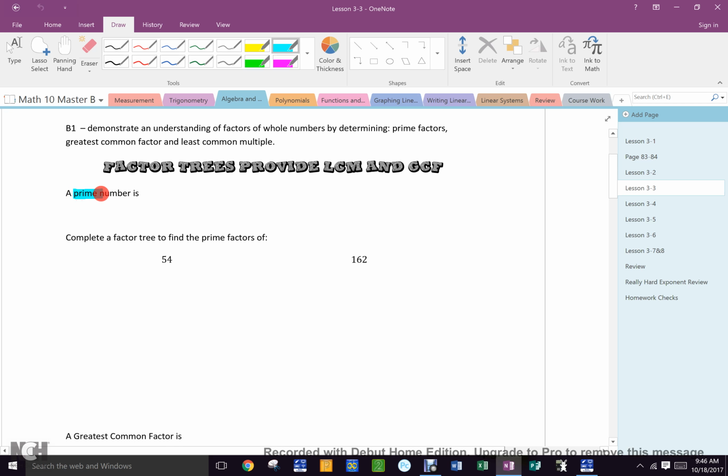The number one thing we need to be aware of is what is a prime number. Prime numbers are very important because they are extremely powerful numbers. As a matter of fact, one day when aliens come to communicate with us, they are going to communicate with numbers. They aren't going to communicate with letters.